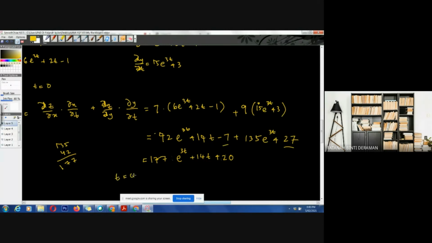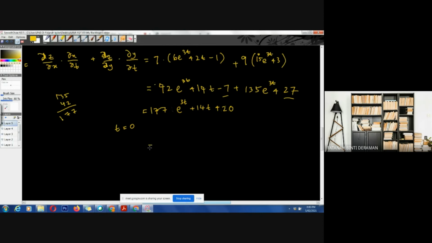When t equals 0, so 177e^0 plus 14 times 0 plus 20. So 177 plus 20 is 197. This is times 1, since e to the power 0 equals 1.